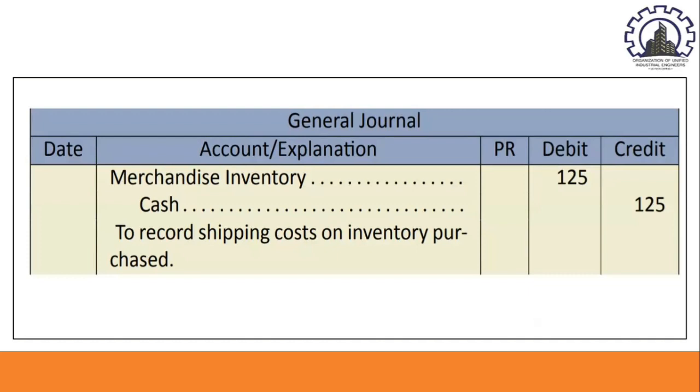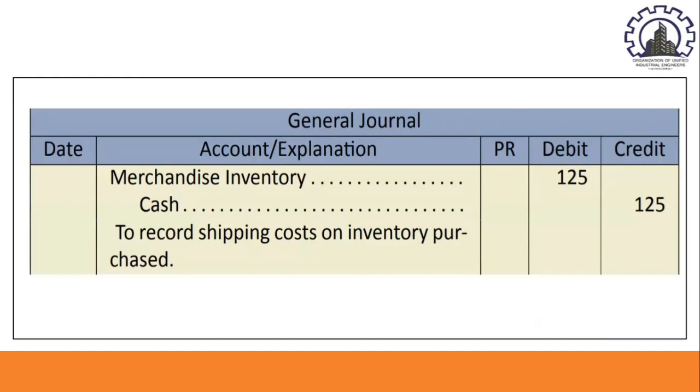So you would be debiting merchandise inventory amounting to $125, and you would be crediting cash because this is an outflow, okay? So you let a certain amount out of your cash. So cash is being credited in this case, amounting to $125 to record shipping cost on inventory purchase.